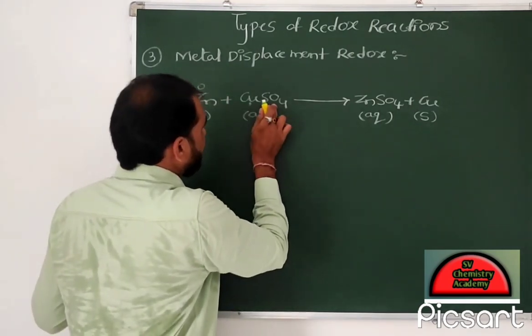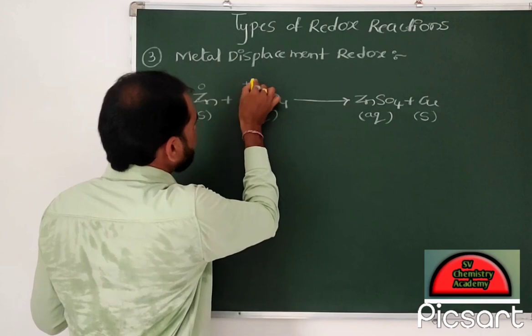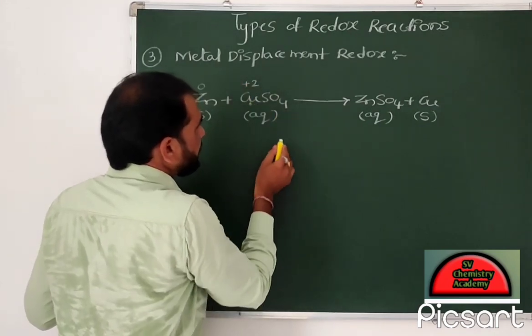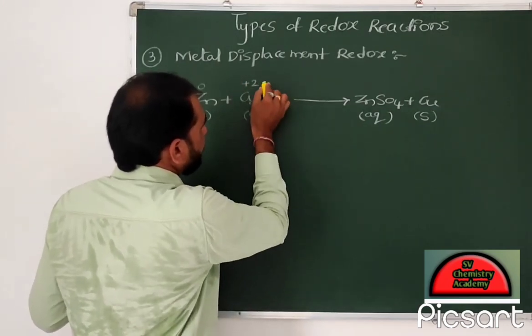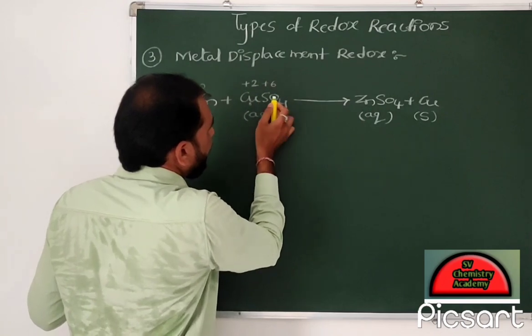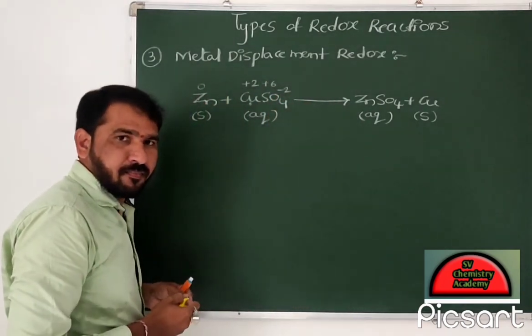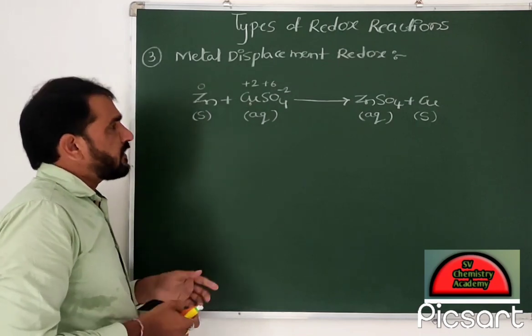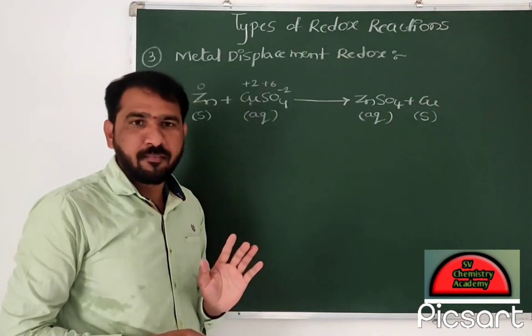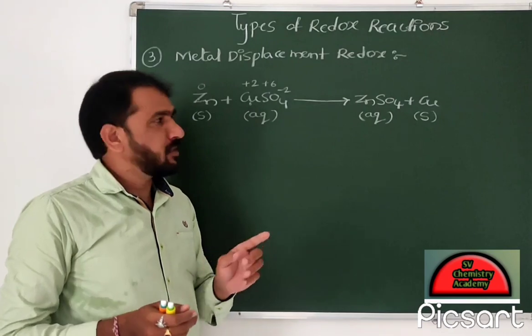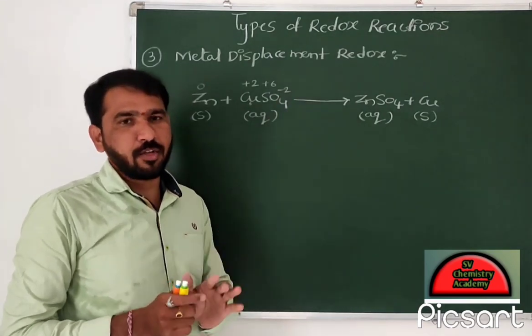Then in copper sulfate, Cu is in +2 oxidation state, right? Sulfur is in +6 oxidation state, oxygen is -2. If you want to find the oxidation number, please see the first part of stoichiometry.